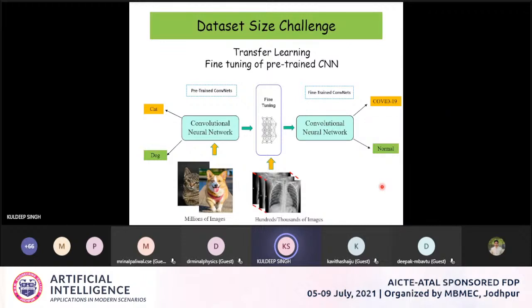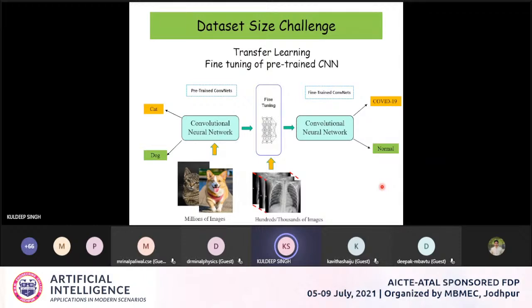Then take this pre-trained convolutional neural network and fine-tune it on the data set of the medical modality. Let me tell you why it is efficient, how a model trained on different types of images can work on the images of medical modalities.